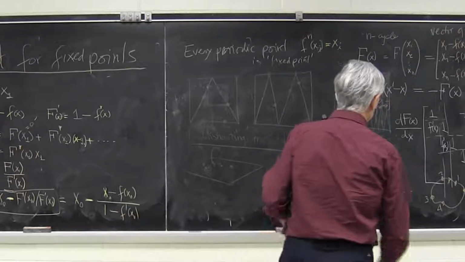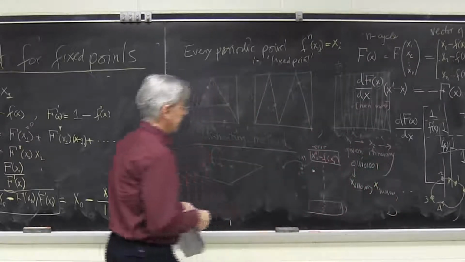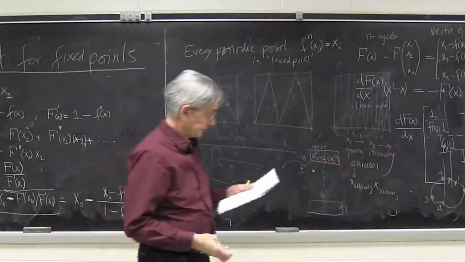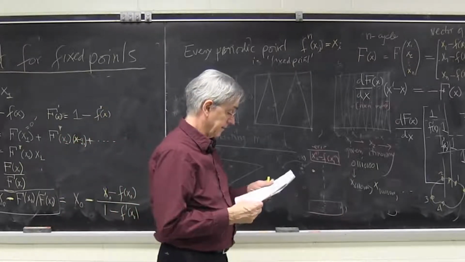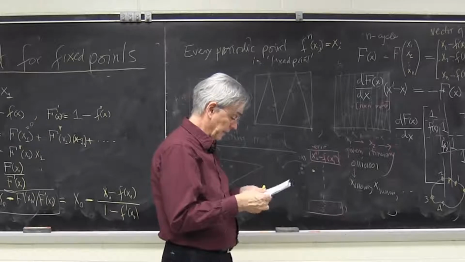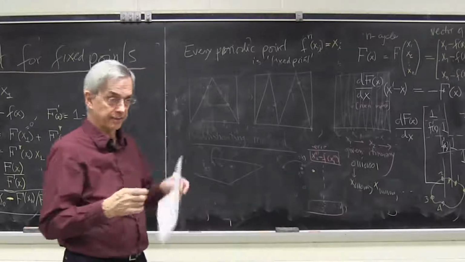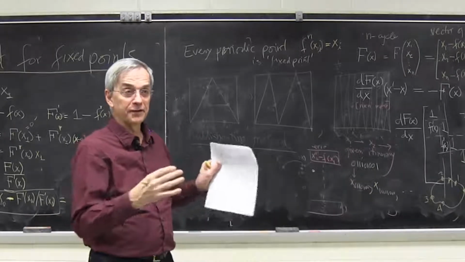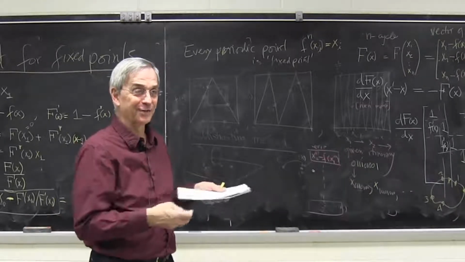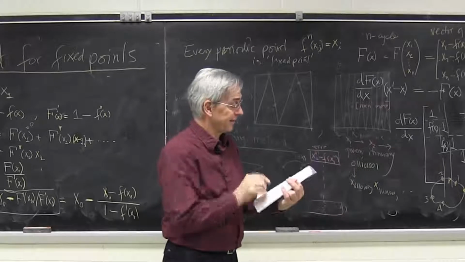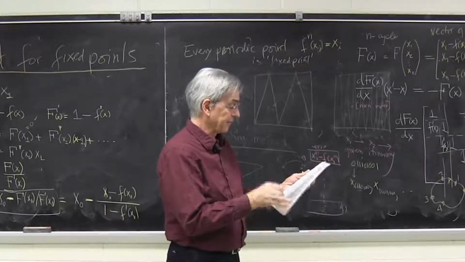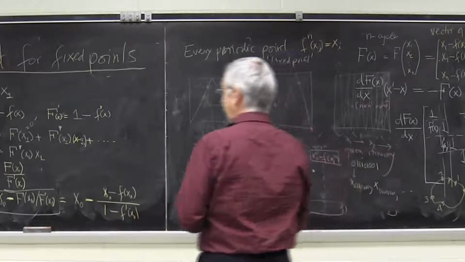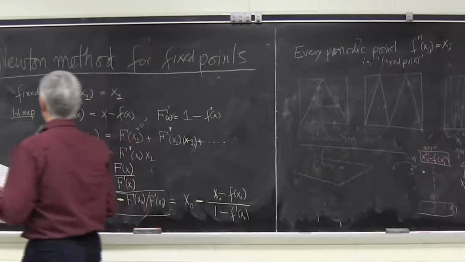So multiple shooting is the way to go, and it's easy to program. It won't kill you to do this. I don't think I'll waste your time programming this, because you probably have to compute the zero of something sometimes in your life, and this is an example of how you do it for some function. This is specific to dynamical systems, but it doesn't matter. So now, this is great.